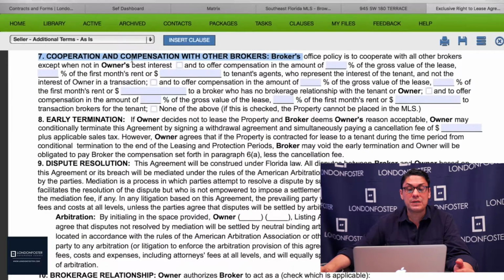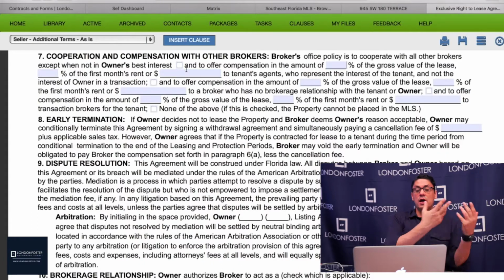Cooperating and compensating with other brokers. Here we talk about what we are offering additional brokers or renters agents to come in and rent it out for.